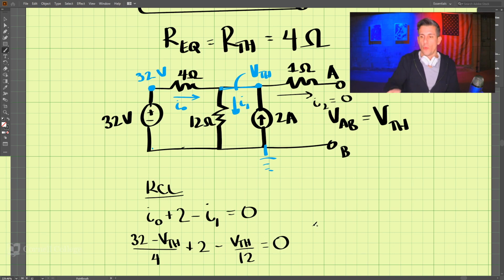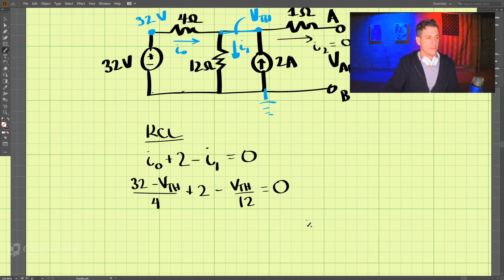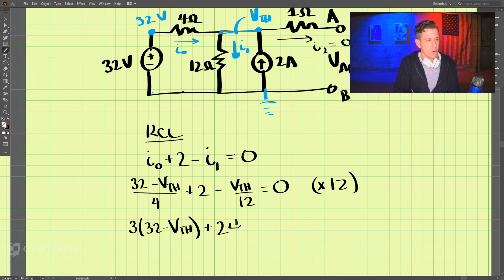Okay, so we can solve this equation. And how do we do that? If we multiply this by 12, we get 3 times 32 minus V Thevenin plus 24 minus V Thevenin equals 0.